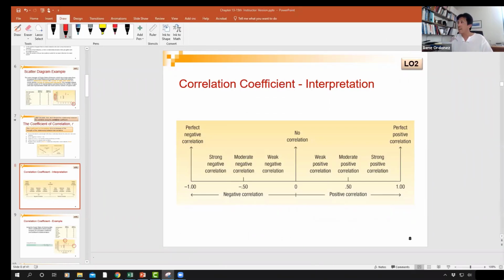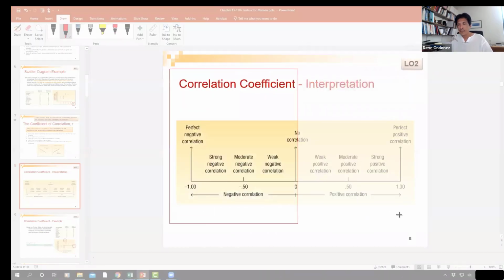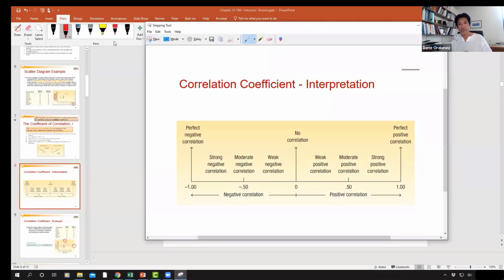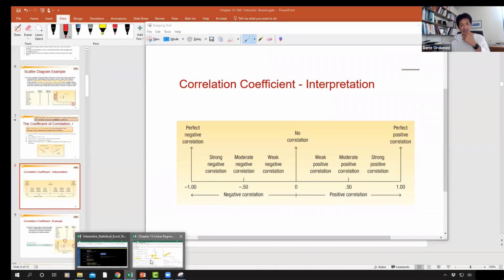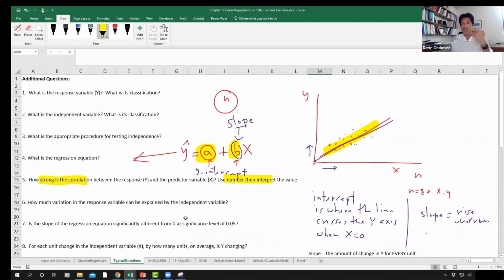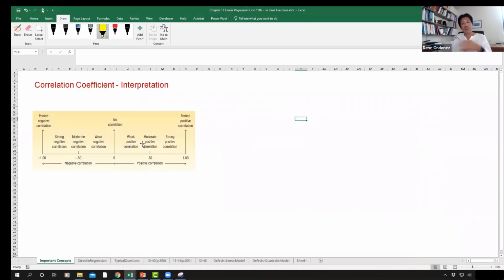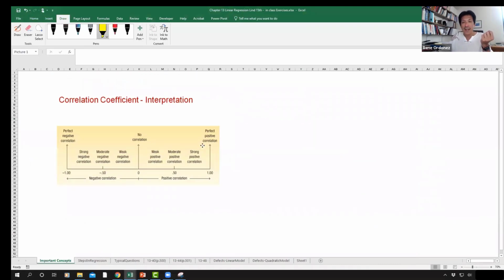Maybe I should copy this page and paste it onto this file. Oh, I already have that; I didn't have to copy that.